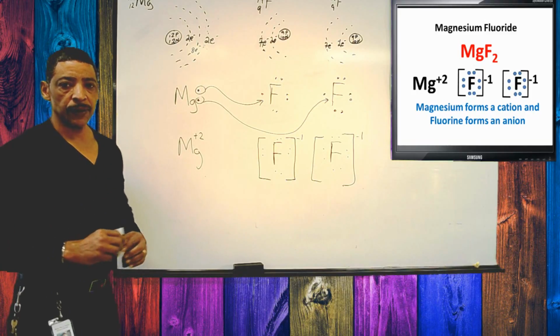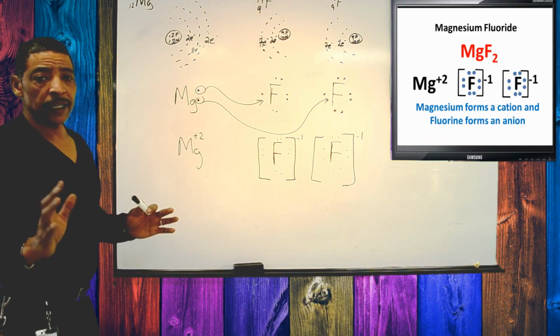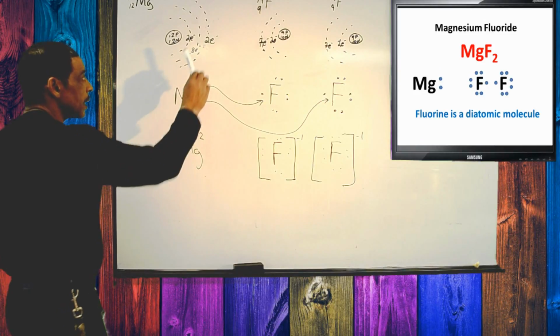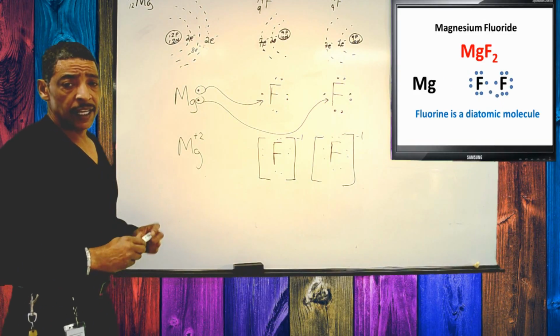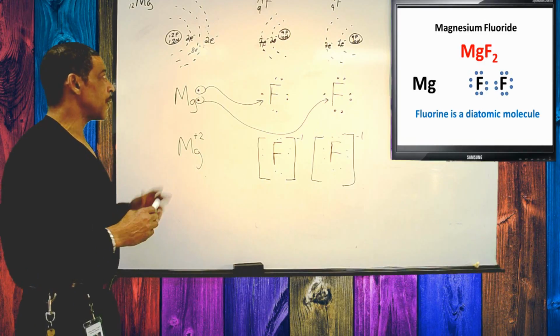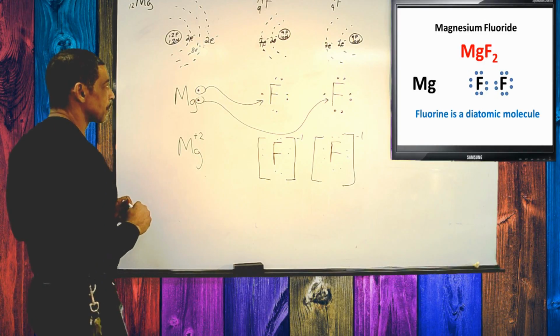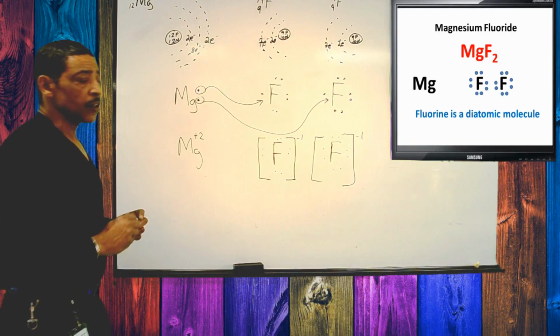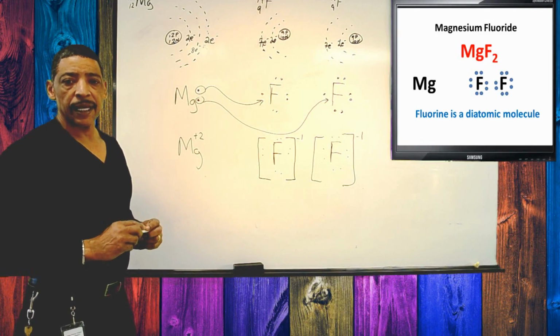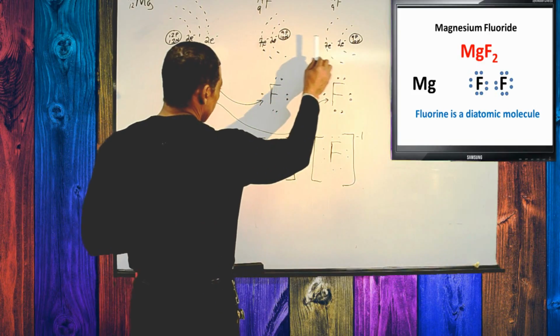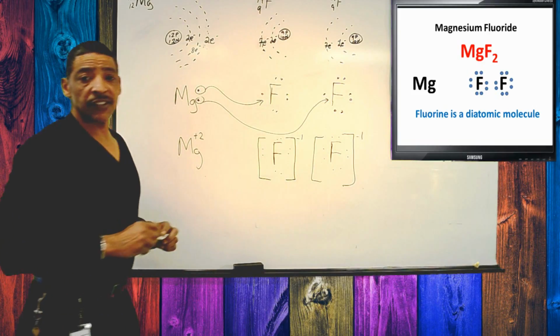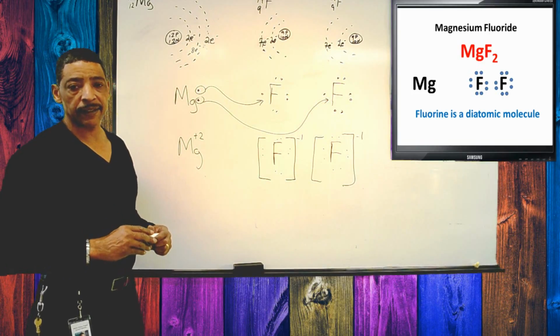So let's review. During ionic bond formation, the metallic atom will lose its valence electrons. In this particular case, magnesium has only 2 valence electrons to lose. The electrons lost must be gained by a non-metallic atom. In this particular case, fluorine, which has 7 valence electrons per atom.